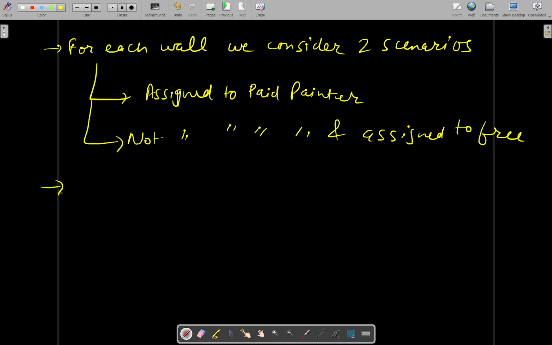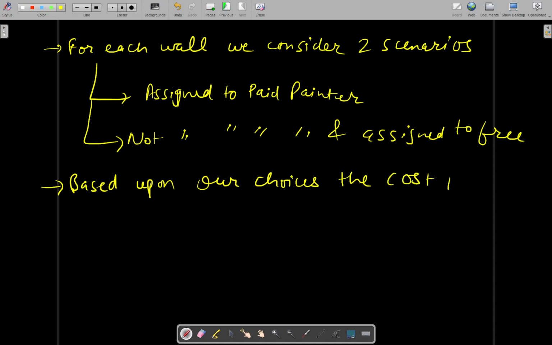Based upon our choices, the cost of painting the remaining walls will vary.